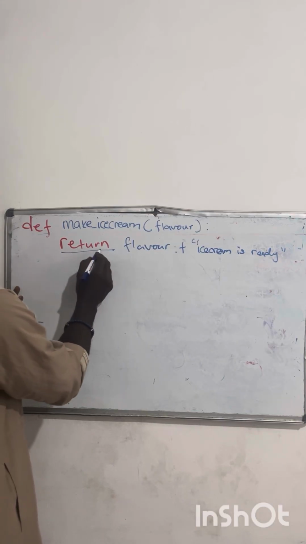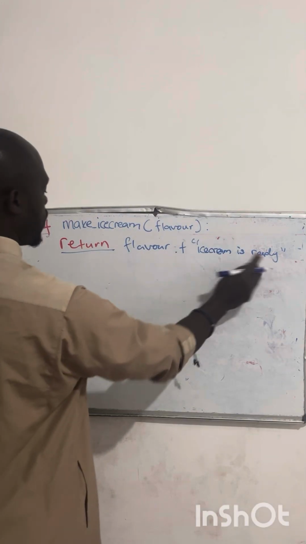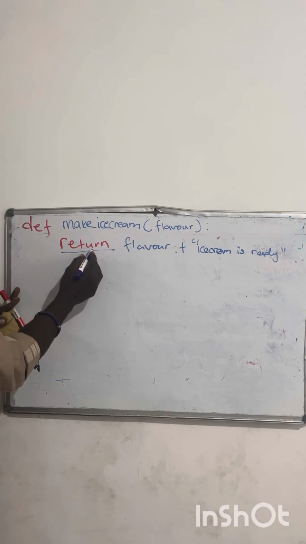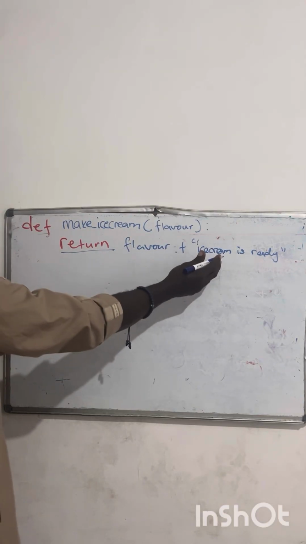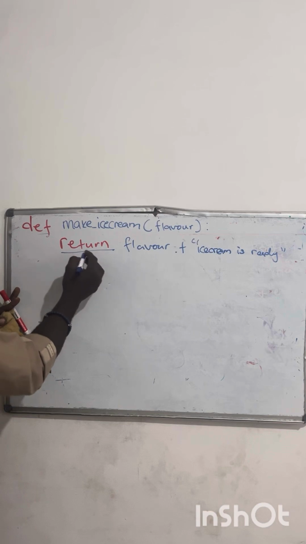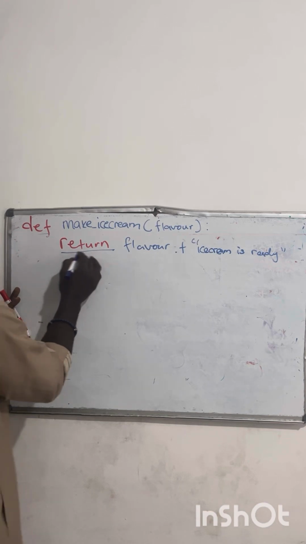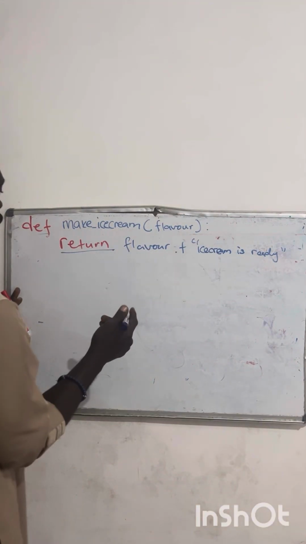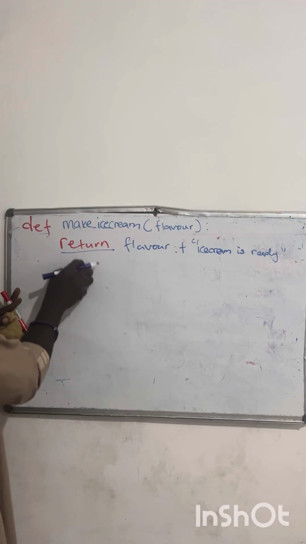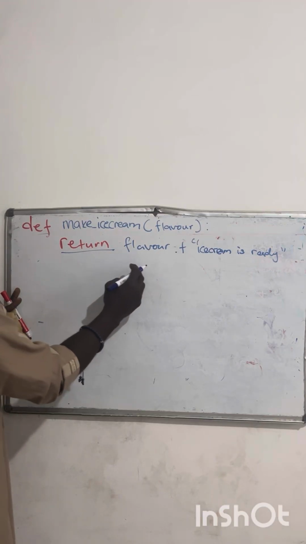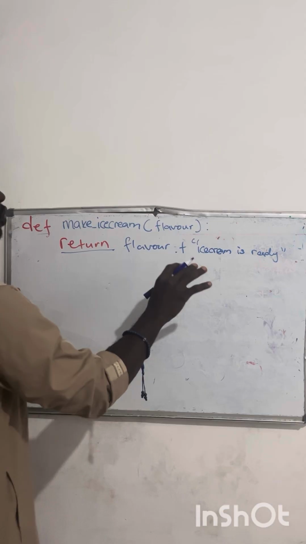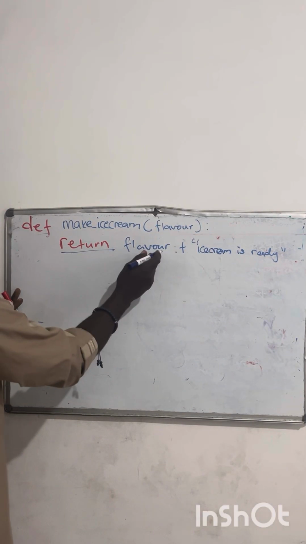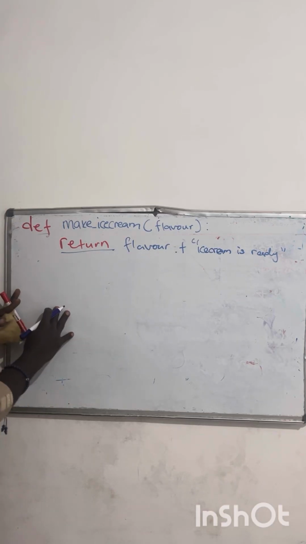So at this time this is not going to be printed on the screen. This is used to return a value which can be used in future. For example, you may want this ice cream which has been returned, and later on you may want to add it with some other things to come out with another outcome. So when we use return, this will not print anything on the screen.